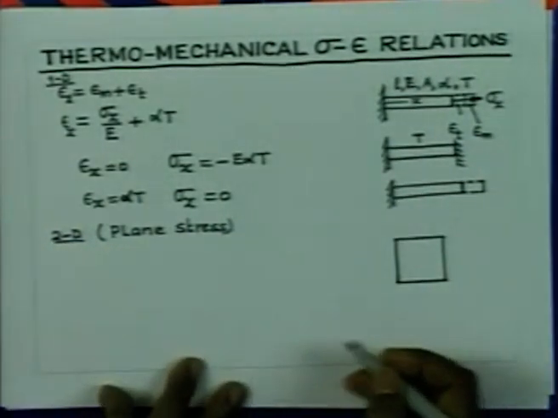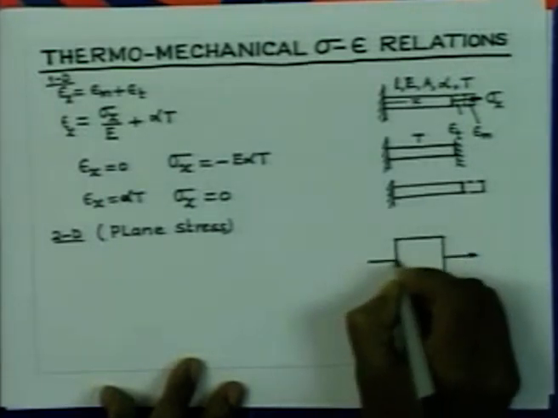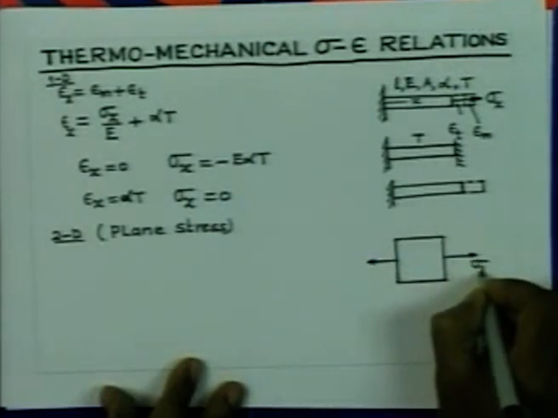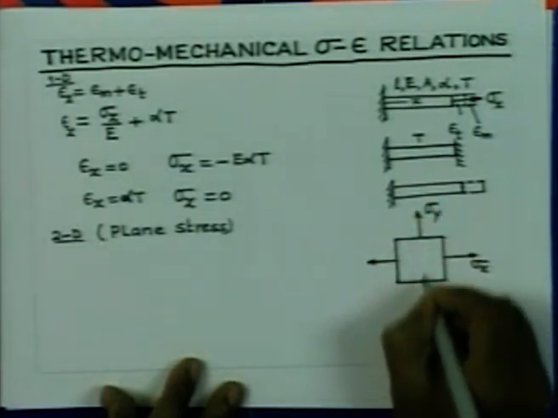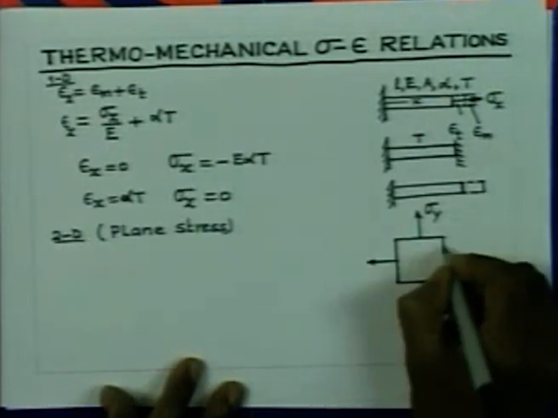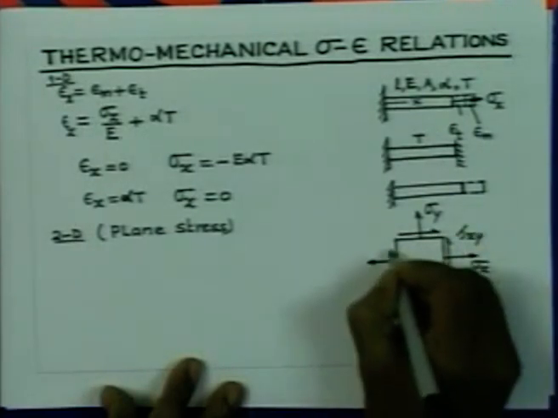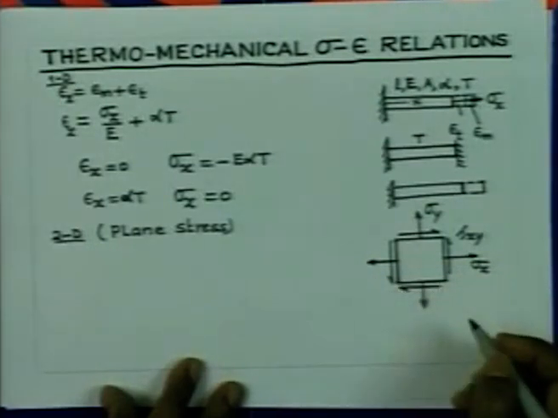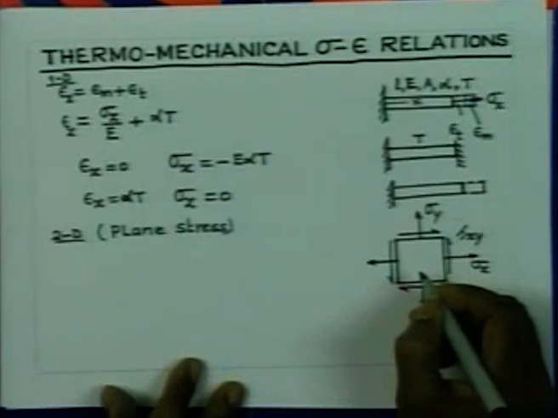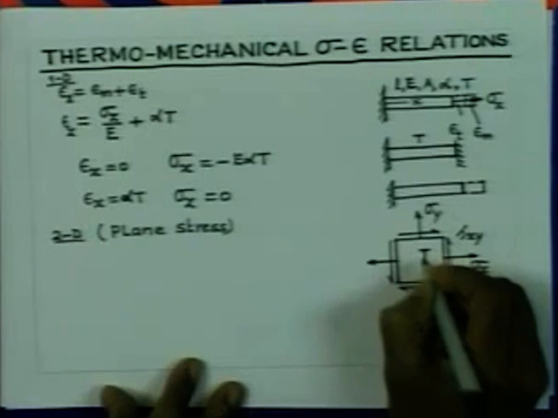So, in the case of two dimensional plane stress, let us assume that the stresses on the element are sigma x, sigma y, and the shear stress is tau xy, and at the same time let us also assume that the temperature of the body is raised by T above the ambience.